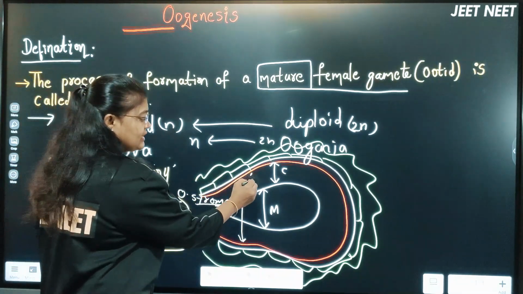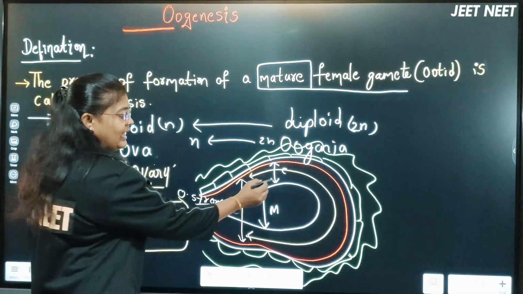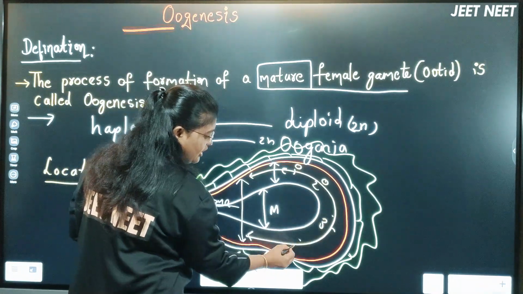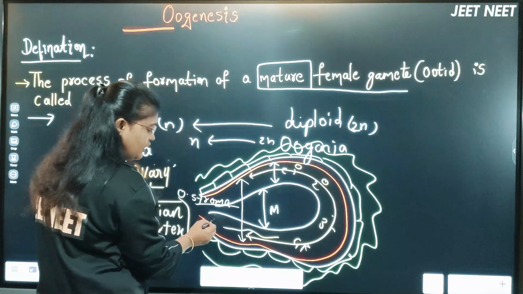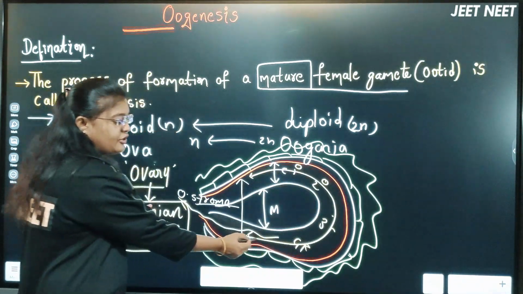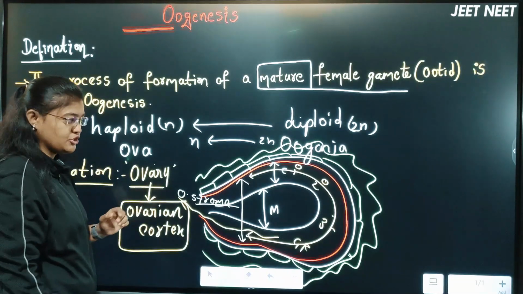This is the place where the oogenesis process happens, through the primary follicle, secondary follicle, tertiary follicle, and Graafian follicle. Ovulation is going to happen from this. So the ovarian cortex is the region where oogenesis is going to happen.